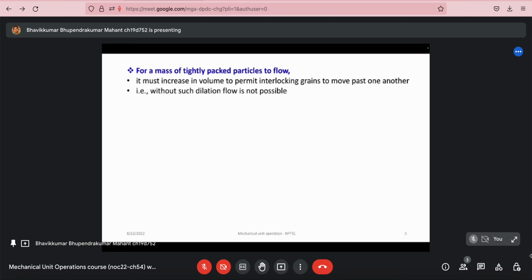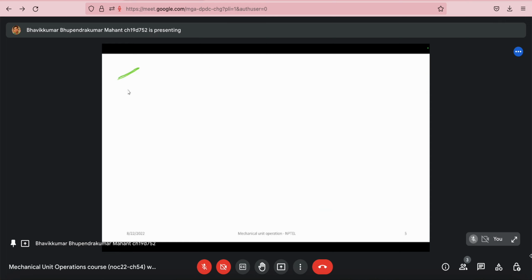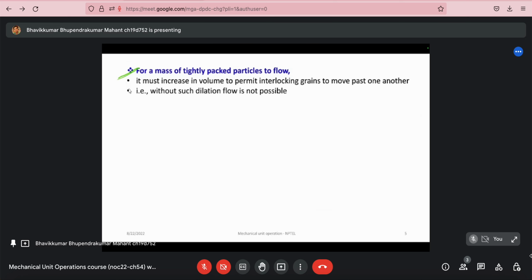Now, for a mass of tightly packed particles to flow, this is one phenomenon where it is mentioned that if we have tightly packed particles, interlocked with each other, and you want to flow them, then we need to consider that there must be an increase in volume to permit interlocking grains to move past one another.